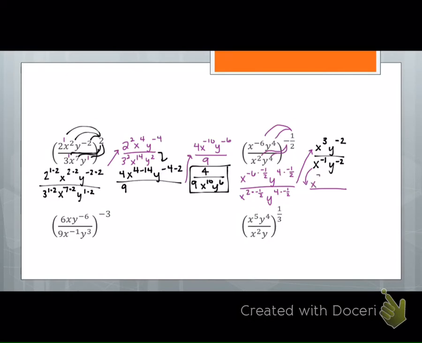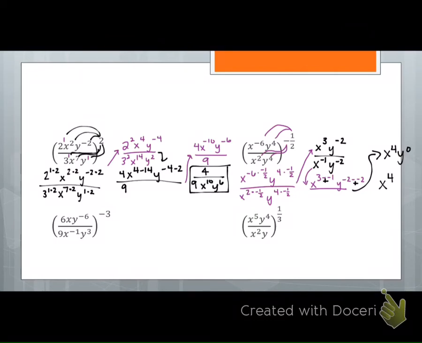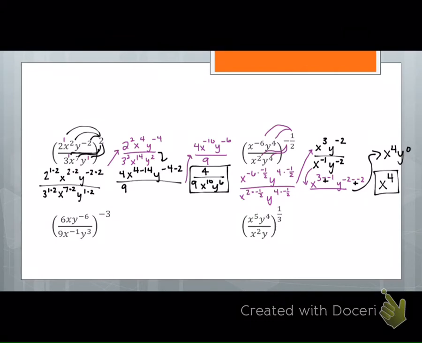Subtract. So it's 3 minus a -1 and -2 minus a -2. 2 negatives make a positive. So I have x to the 4th, y to the 0. What's anything to the 0 power? 1. So this is just x to the 4th.